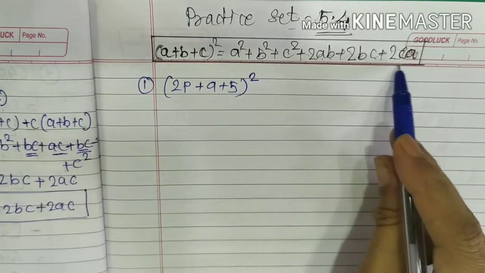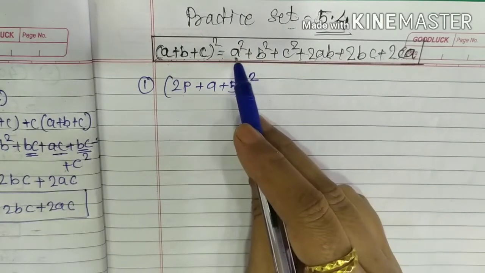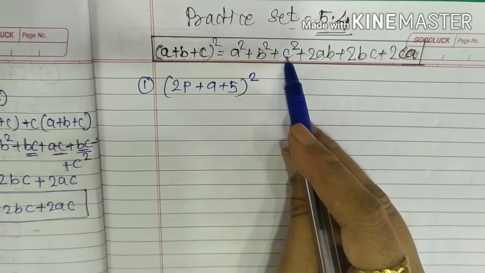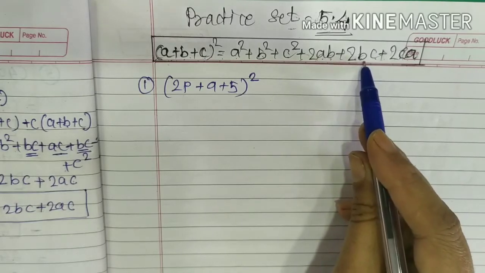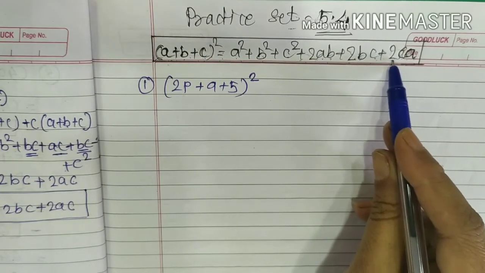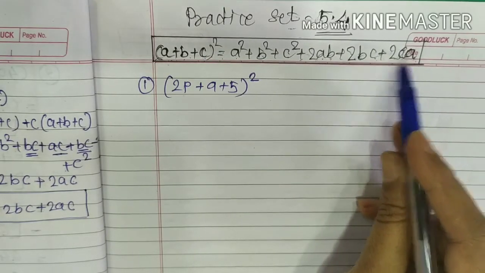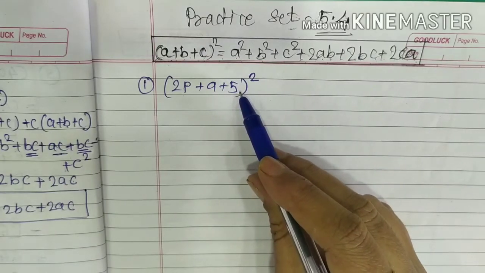So we get this formula: a square, b square, c square, plus 2ab plus 2bc plus 2ca. By using this formula, we solve the examples.